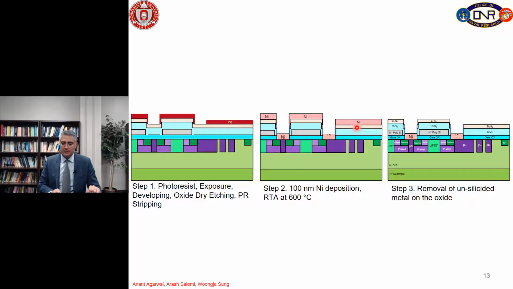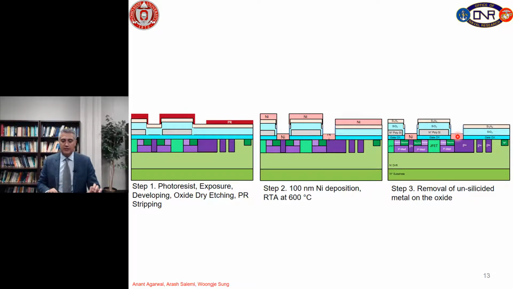But there is no reaction between nickel and silicon nitride or silicon dioxide over here. So if we use, for example, Piranha, we can remove the nickel over the silicon nitride easily, but nickel silicide cannot be removed. So here we are removing unsilicided metal on the oxide, and also we have nickel silicide on the silicon carbide.